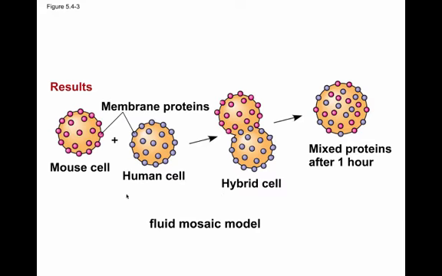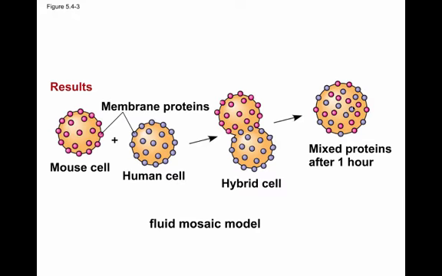And one of the experiments that showed that this is possible is a simple experiment where they literally fused a mouse cell with identifiably mouse proteins and a human cell with identifiably human proteins. You fuse those two cells together, you wait a little while, and you come back. And what you see is that instead of having a cell with all the mouse proteins on one side and all the human proteins on the other, you actually see that those proteins have mixed together quite effectively.